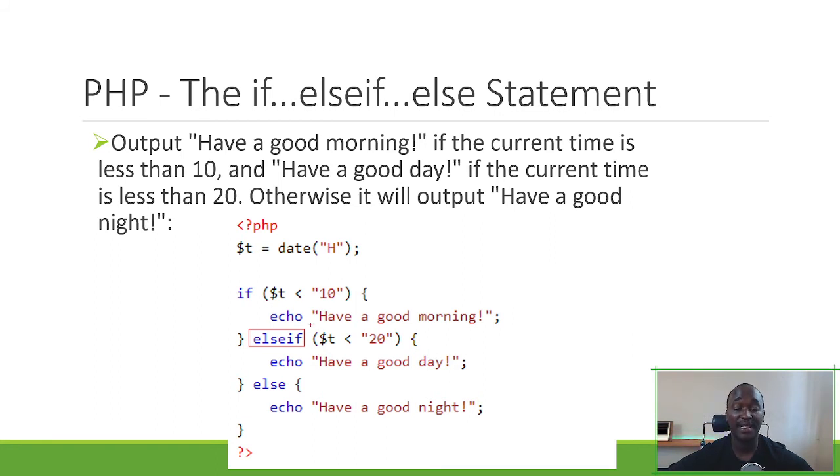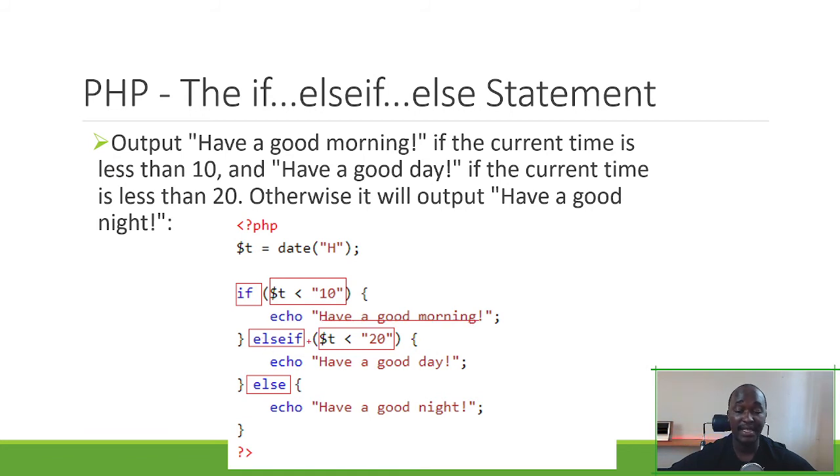Now after the else if, you also provide a condition. With multiple else if, it must end with an else, the default value. Look here: the first if gives a condition. If t is less than 10, print out "have a good morning."